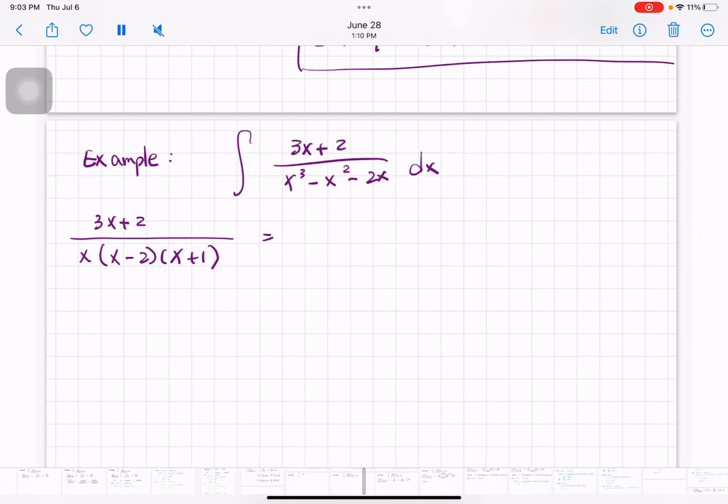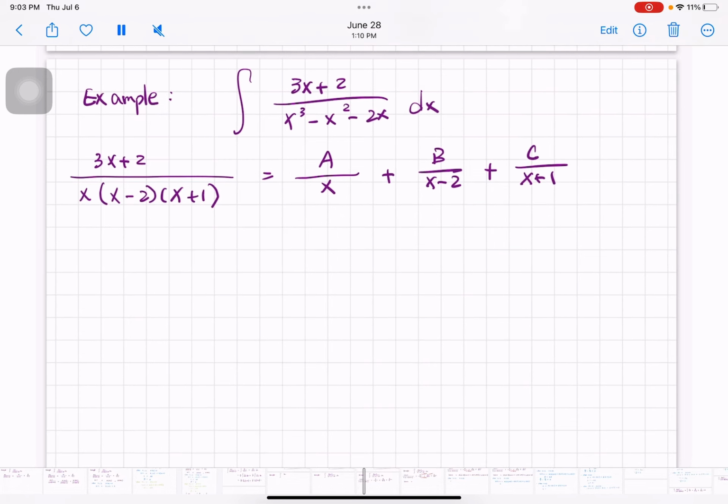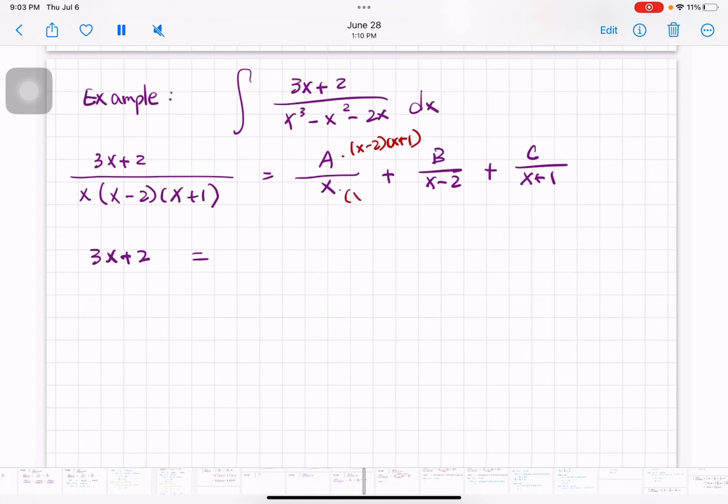So we have three factors. That means we can break it into three different fractions: A over x plus B over x minus 2 plus C over x plus 1. For A over x, it is missing x minus 2 and x plus 1, so I'm going to multiply A by x minus 2 and x plus 1.